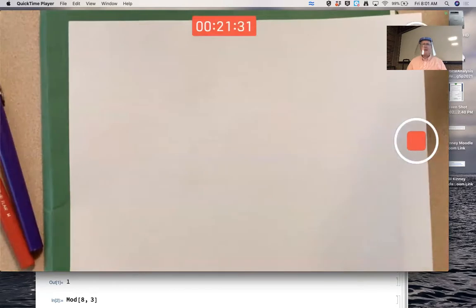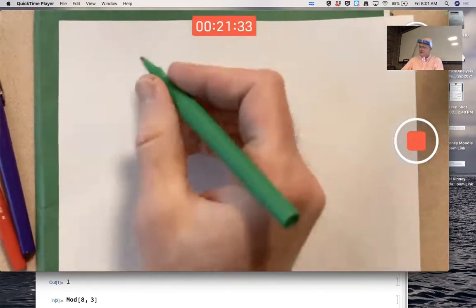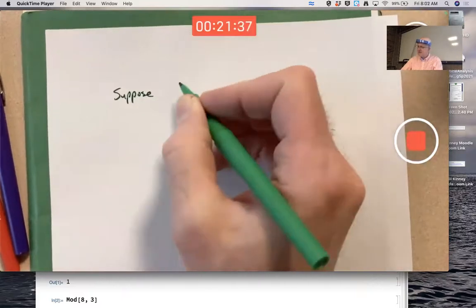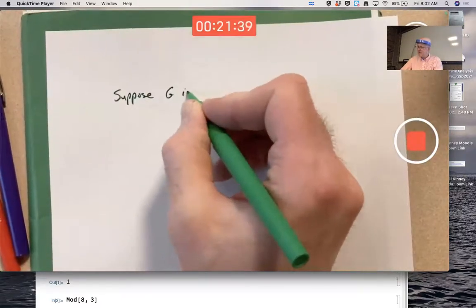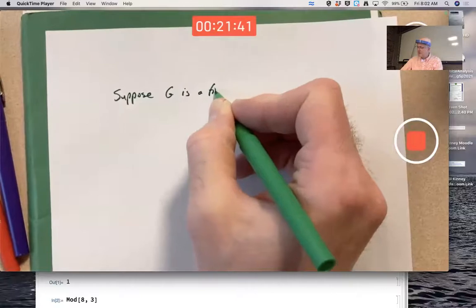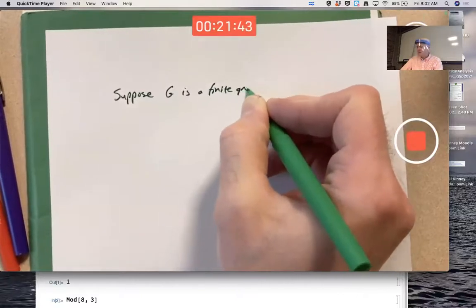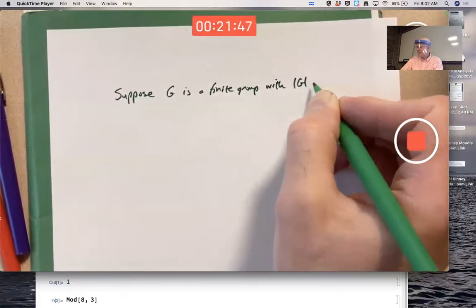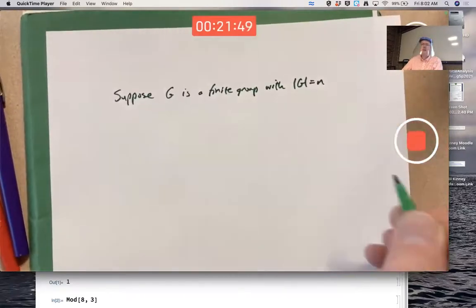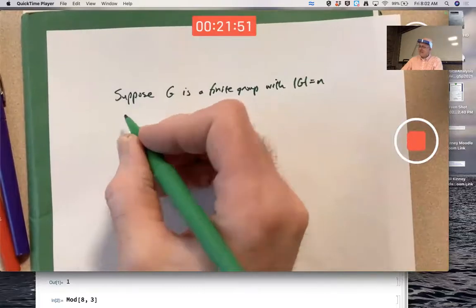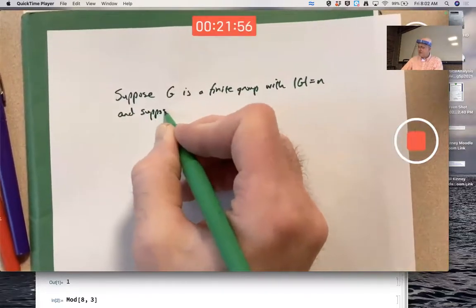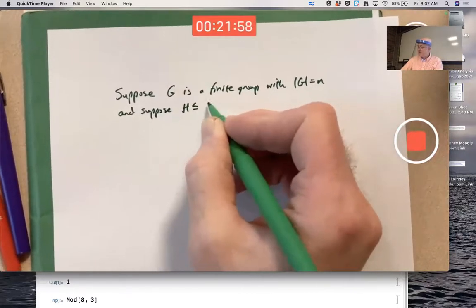So the problem was, suppose G is a finite group with order equal to, say, some positive integer n. And suppose H is a subgroup of G.